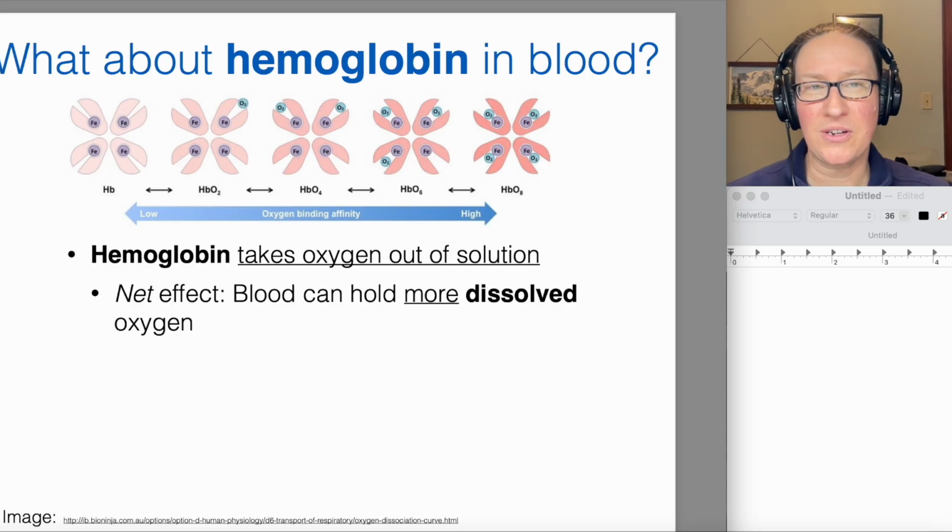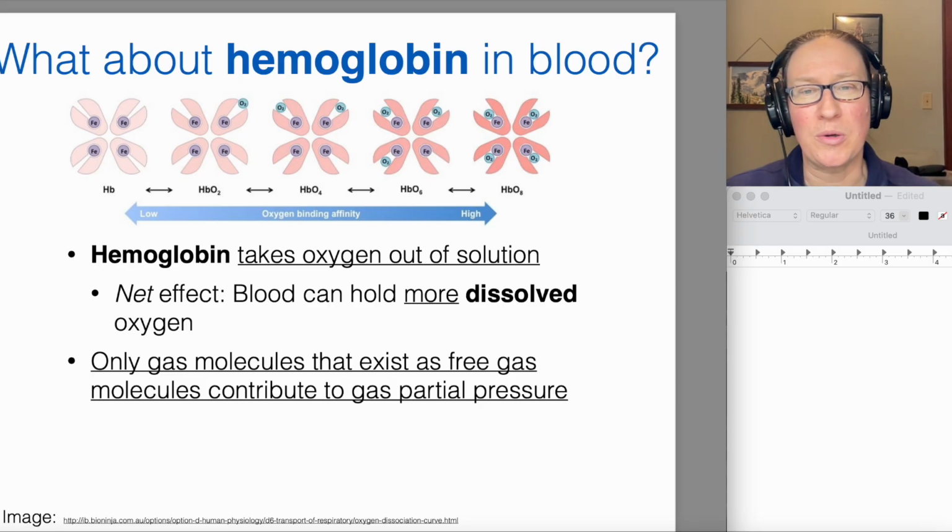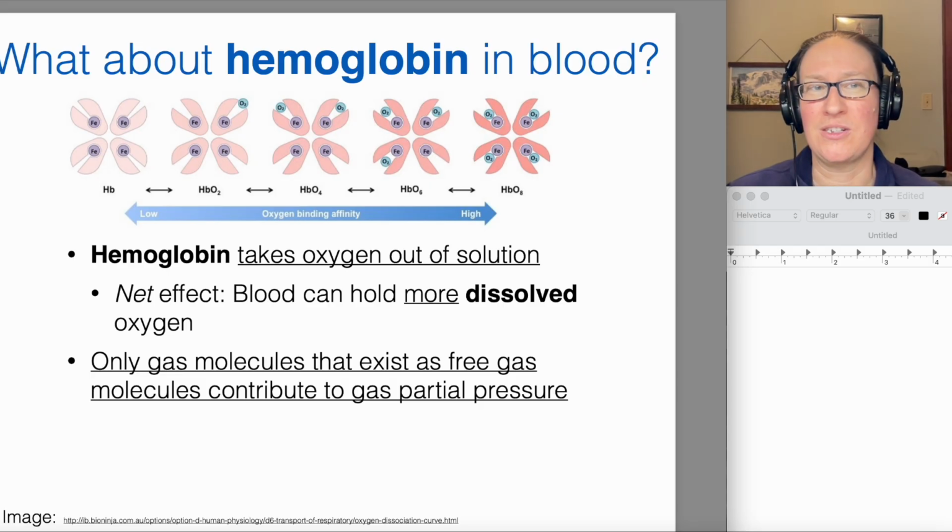So the overall consequence of an animal having hemoglobin in its blood, taking oxygen out of solution, is that blood can effectively hold more dissolved oxygen, because any oxygen that is bound to hemoglobin is not counting towards the oxygen partial pressure in that blood. So an important conclusion from this is that it's only gas molecules that exist as free gas molecules that will contribute to a gas partial pressure in solution.